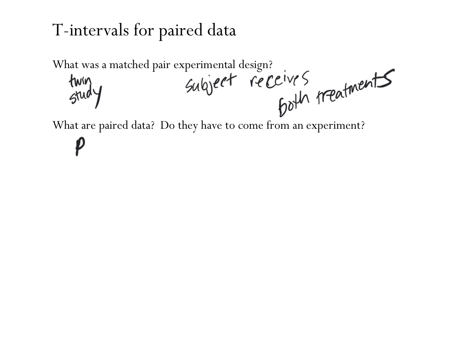Paired data essentially means each observation is a difference between two numbers.